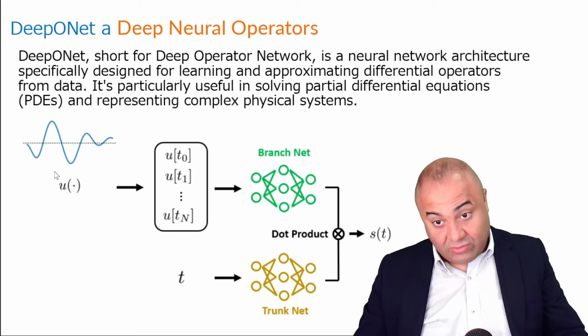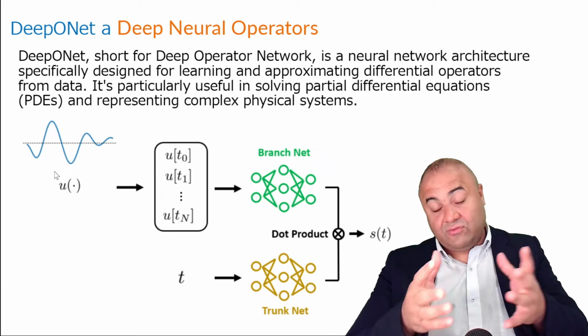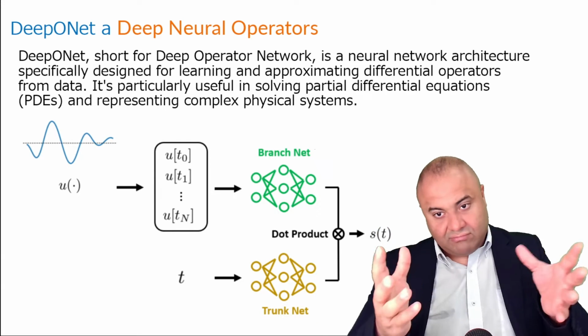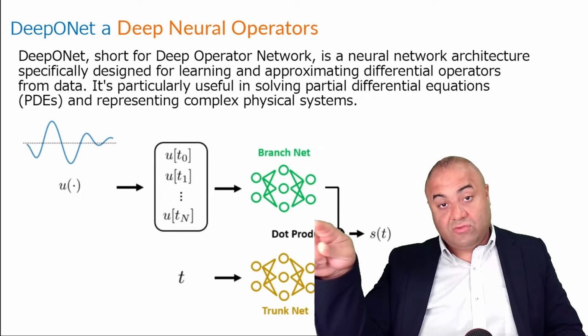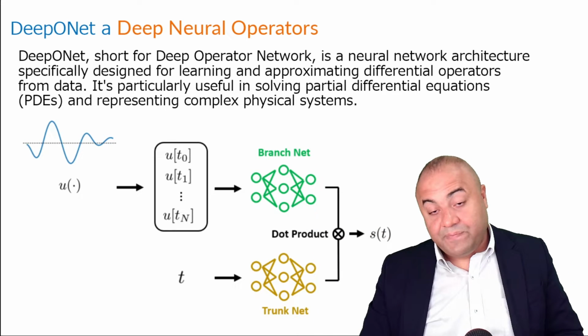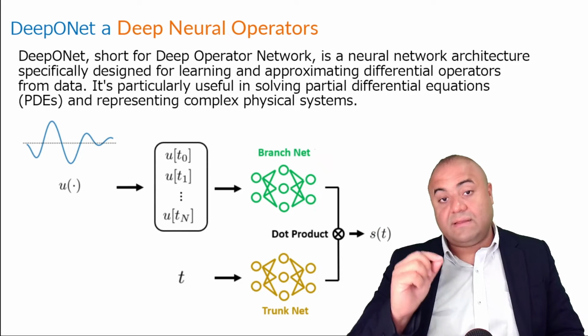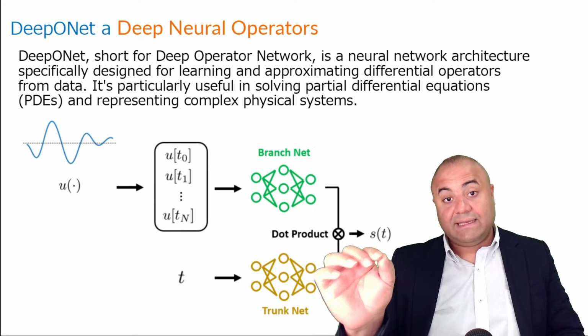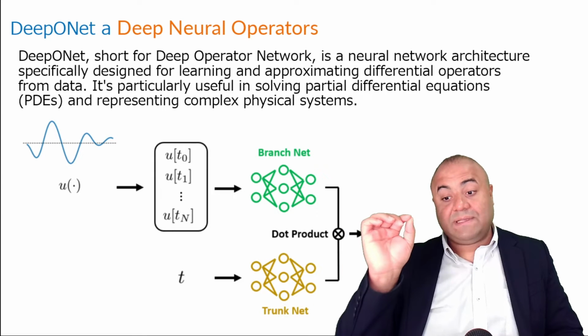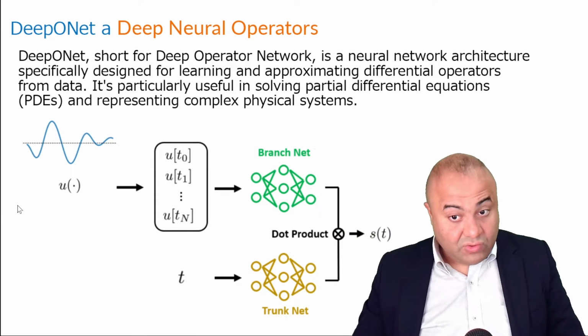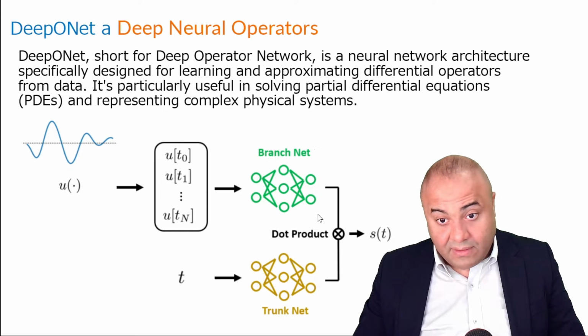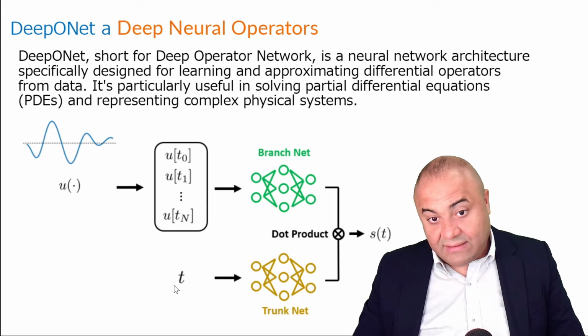For example, the initial condition: let's say we are doing a simulation for the heat equation. We'll have the initial condition of this heat equation, and then we want to predict the result at a specific x, the space, and a specific time. So we have to put this condition in the trunk network.